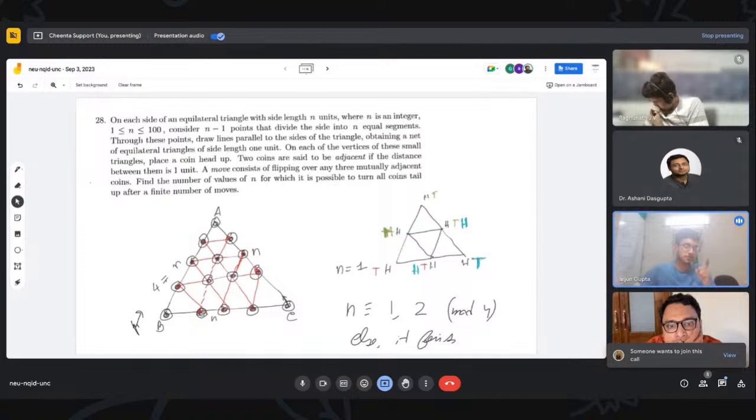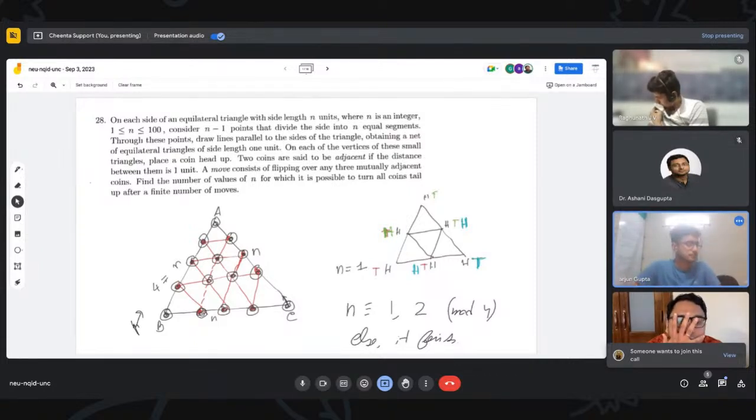The first observation is that the order in which we flip the triangles does not really matter. If you first flip triangle one and then triangle two, or triangle two and then triangle one, it doesn't matter. In a sense, this function is commutative and it's also easy to see it's associative. So the order does not matter.